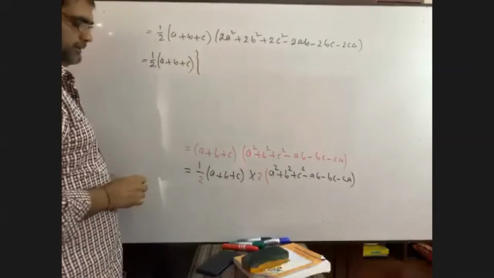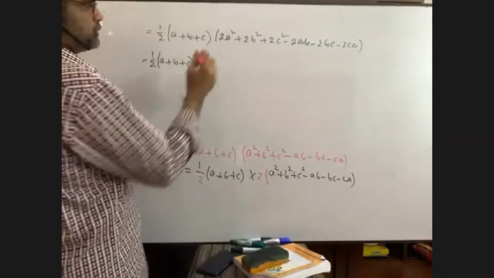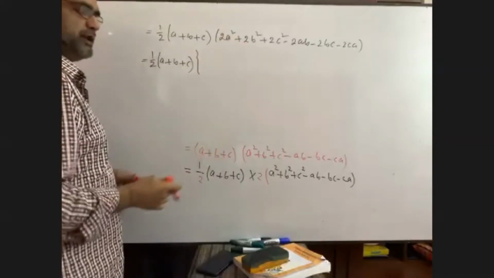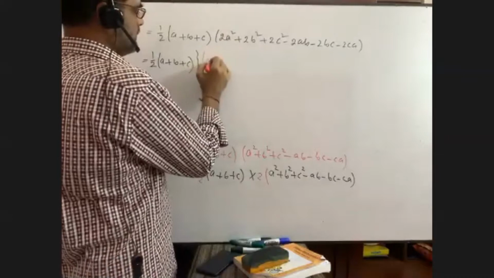Here, what we can write, you see, 2a square means what? A square plus a square equals 2a square. So we can write here a square.